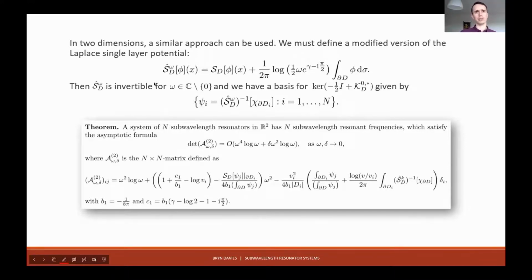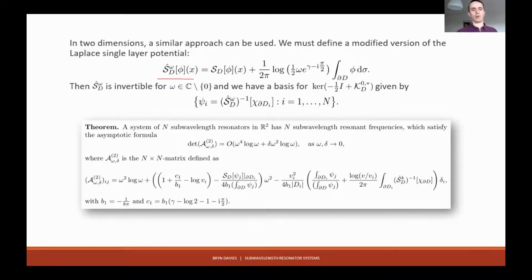And so instead, we have to use this modified version S hat, which is invertible. But nevertheless, we can follow similar steps to arrive at a result which gives the characterization of the behavior, albeit less concisely than in 3 dimensions.